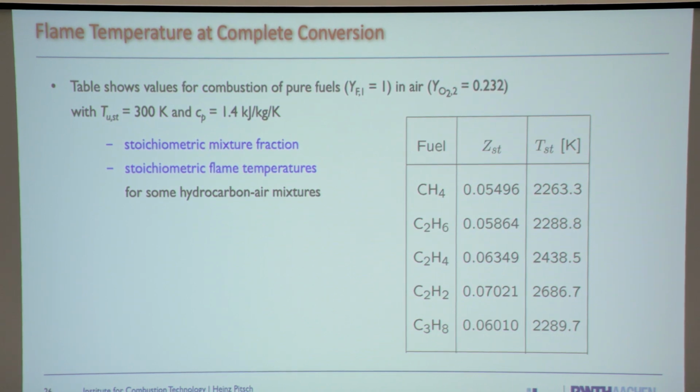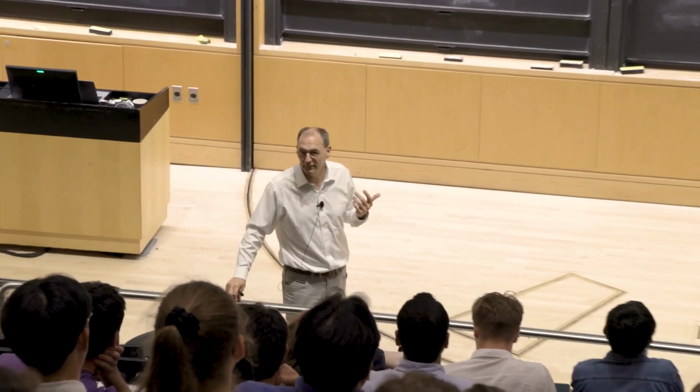They're not very different, okay? So that's something maybe to remember: the stoichiometric temperature is maybe 2000. I always remember methane is 2222, okay? That's something one can remember.